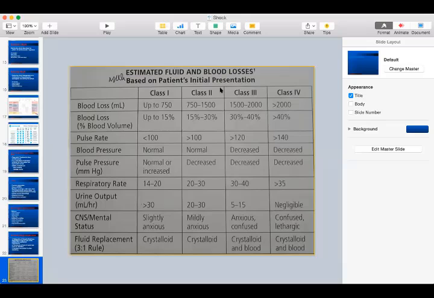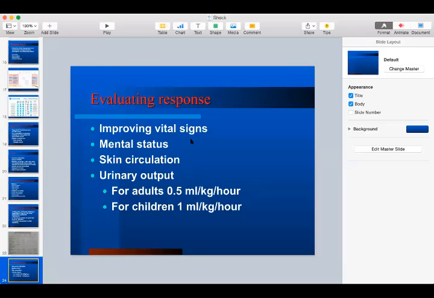Right? Different things that we can look at. Obviously, discuss whether he's anxious, the mental status of the patient. Skin circulation that we discussed amongst the signs and symptoms of different types of shock: cool, clammy, hot, flush. Urinary output is also a different parameter that we're looking at.